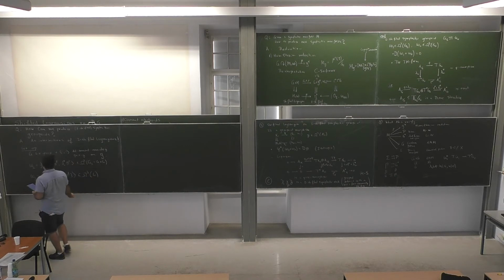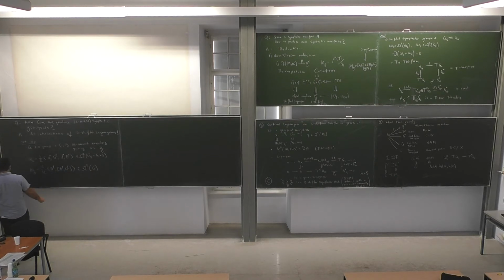And what I claim is that this satisfies that it is closed. This is degree 2, but this is 1. I have 2 plus 1 equal to 0.